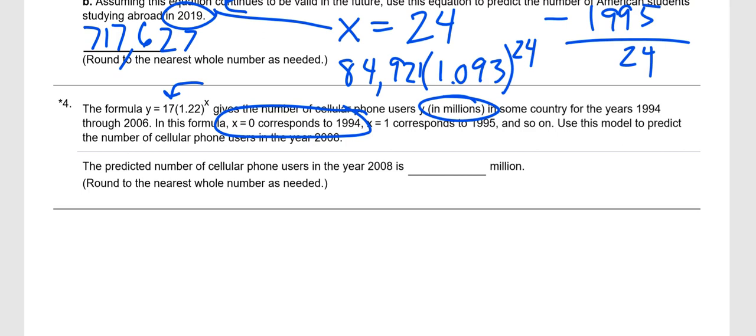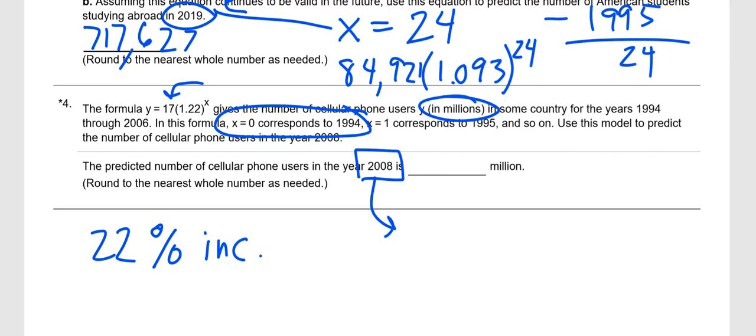Now, what percentage increase are we talking about in this? That's a 22% increase. That's growing quickly. 2008.